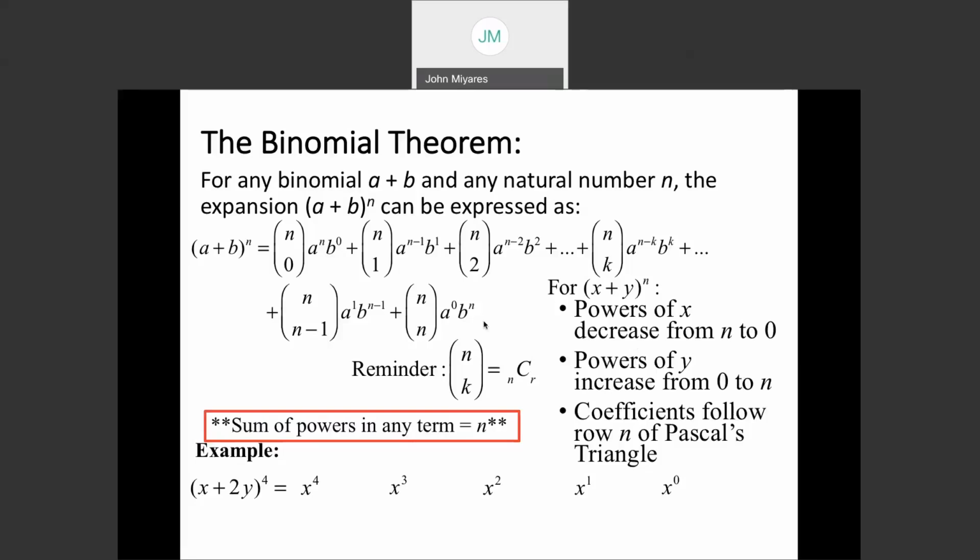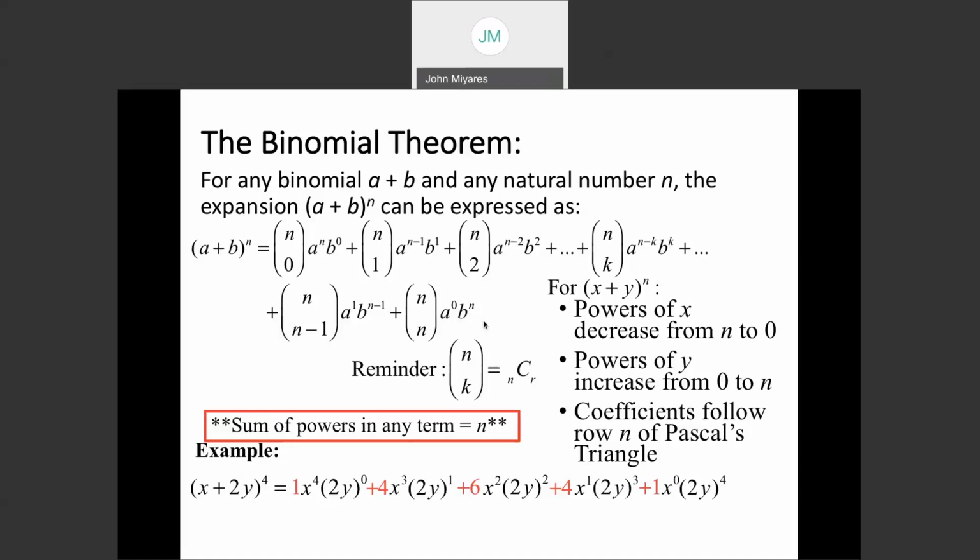Since what I have in my second term is 2y instead of y, we're going to look at powers of 2y, which are going to increase starting at 2y to the 0 and work their way up to 2y to the fourth power, as shown here. The coefficients are coming from row 4 of Pascal's triangle.